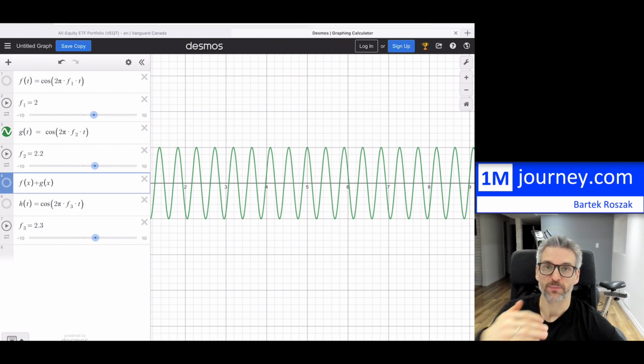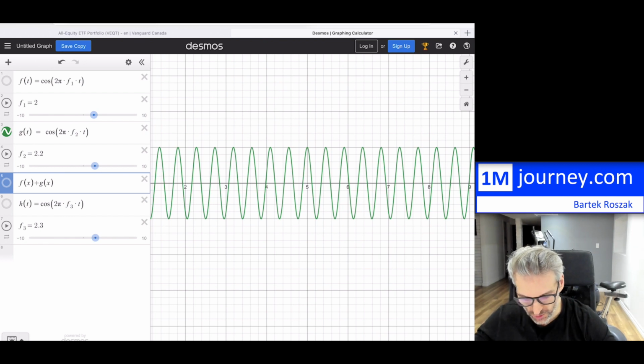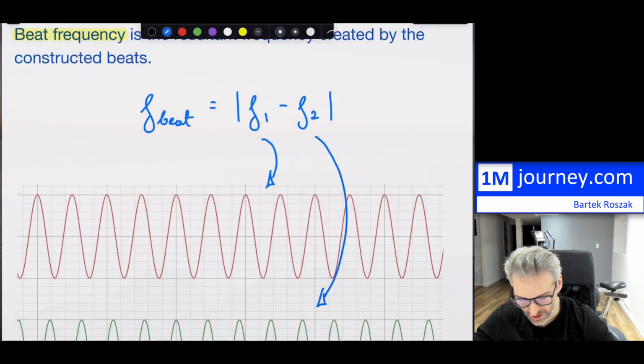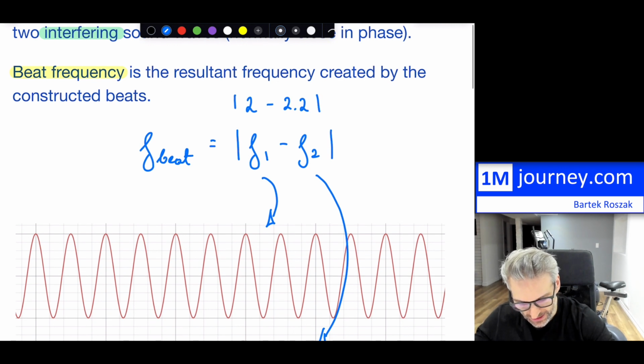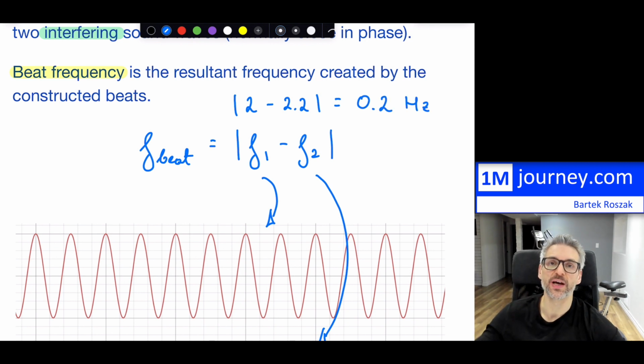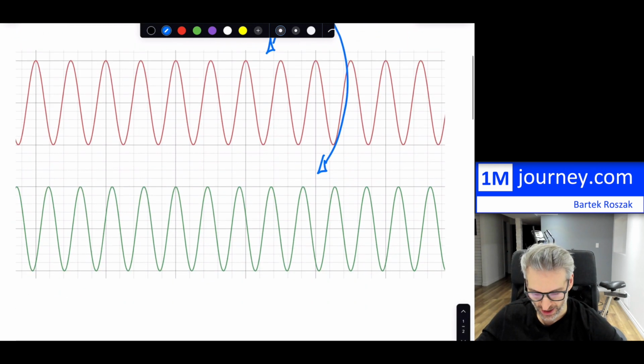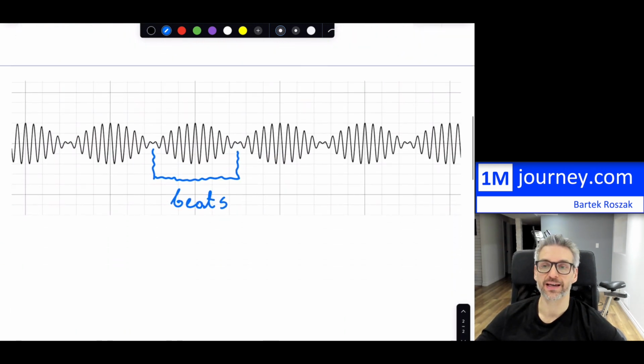But I'm telling you that, and also on the left-hand side, you can see it, because I put up the frequencies. So if one is 2 and the other one is 2.2, then by this formula, what are we going to get? Well, 2 minus 2.2, take the absolute value, and this gives you the actual frequency, which is 0.2, which is exactly what we found just by simply looking at how long it takes per 1 beat.